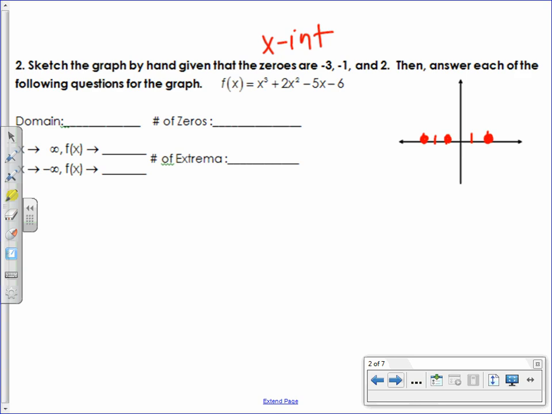It says then answer each of the following questions for the graph. Okay? So now if I look right here, I know that no matter what, this is a polynomial. So I know every polynomial's domain is negative infinity to positive infinity. Always, always.